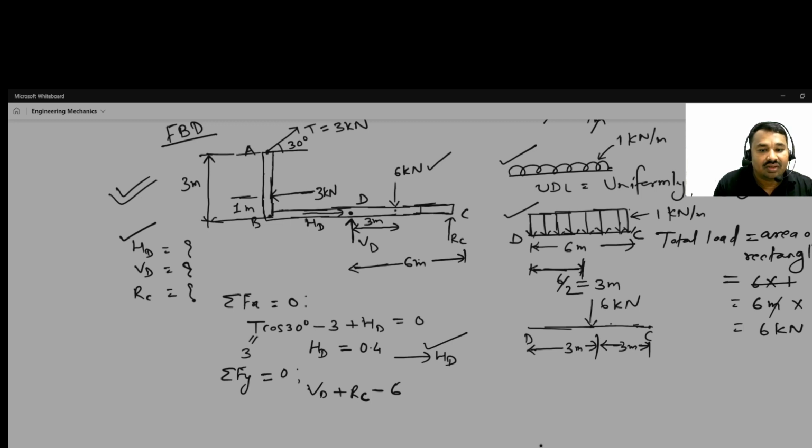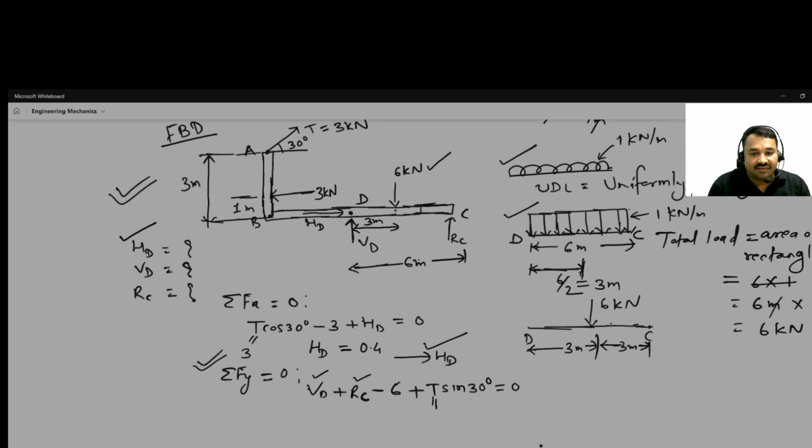What about positive T and sine 30 degree is equal to 0. Okay, so however we have started, means we are going to satisfy the equilibrium condition, means acting forces in y directions, but there are two unknowns, this one VD and RC.